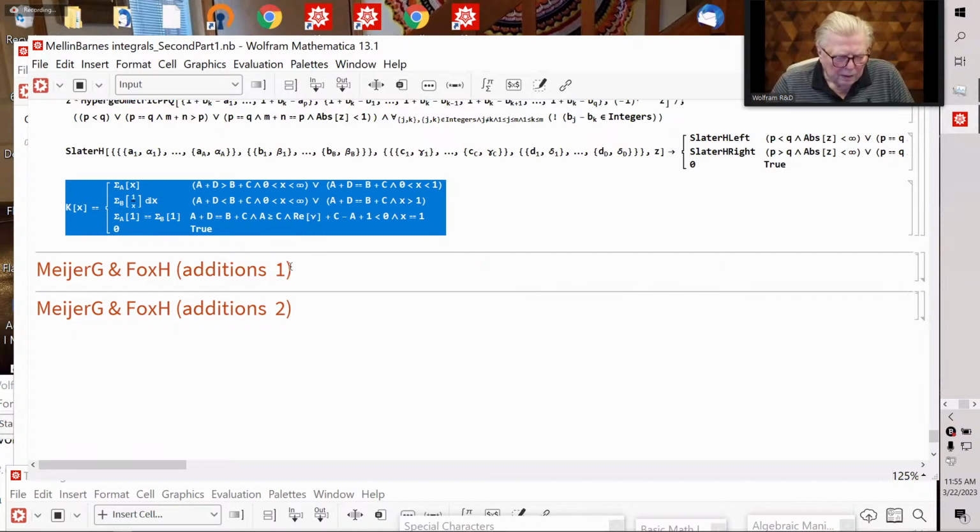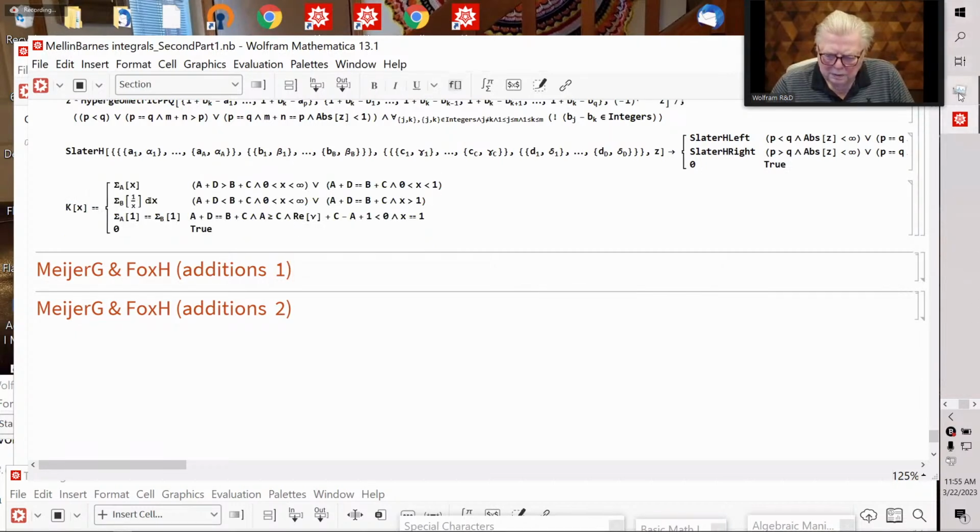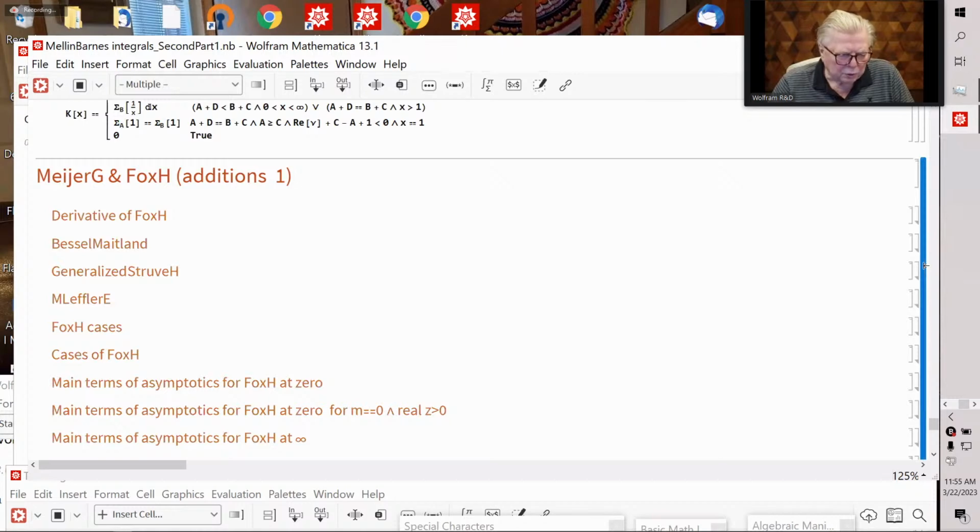Here I tried to place material which is not done well, but it can be useful because people started to ask about asymptotics of FoxH and about other moments, and I collected information from my previous research.